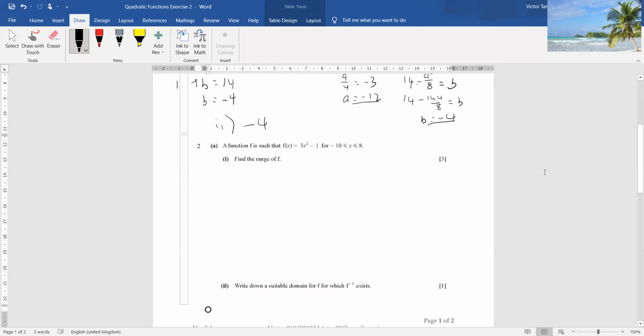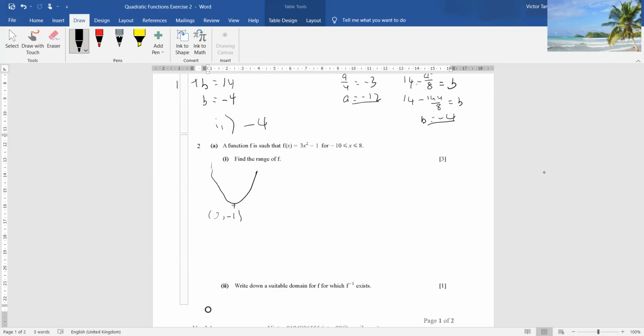Next, a function f such that f(x) equals 3x squared minus 1. Now in this question, a domain is given, domain of minus 1 to 0. Find the range of f. So in this function, the graph is at the minimum point. This is also called the complete square form, which is (0, minus 1).